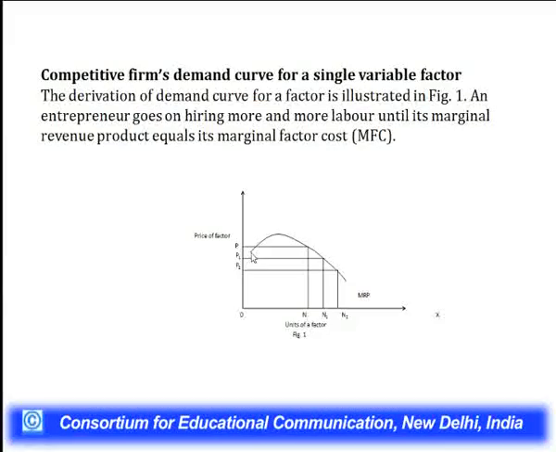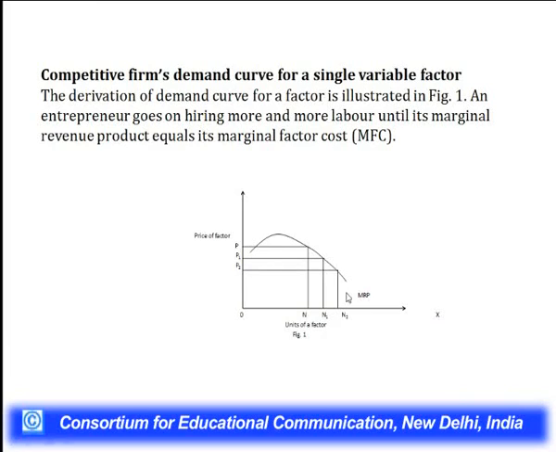In the figure we have seen that if the price is OP, then demand is ON. If the price falls to OP1, then demand for the factor rises to ON1, and if the price falls to OP2, demand for the factor increases to ON2.